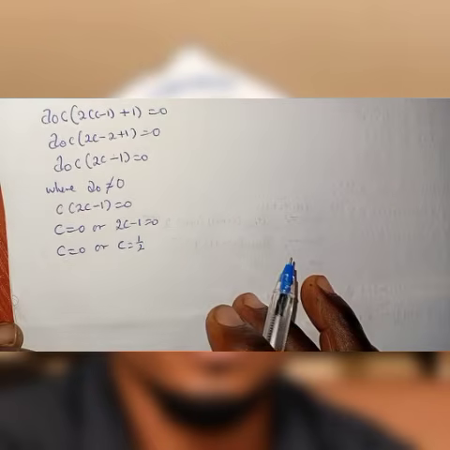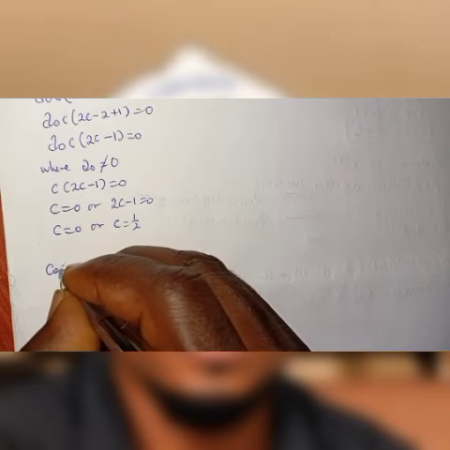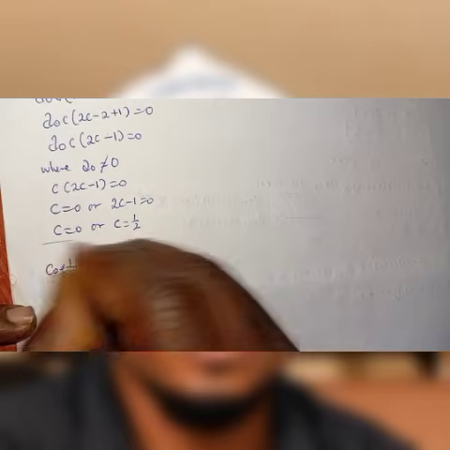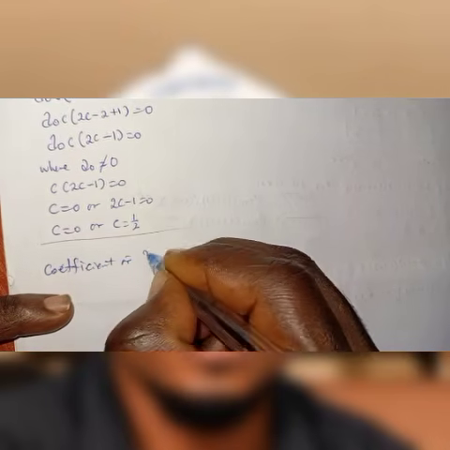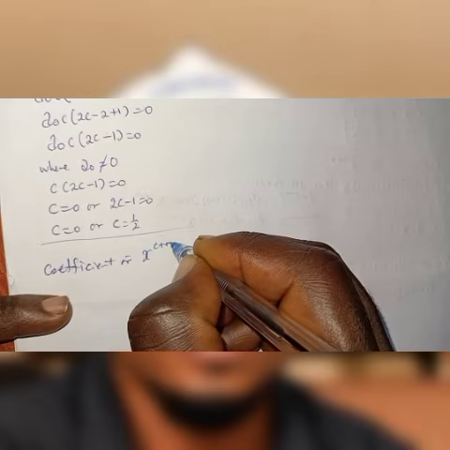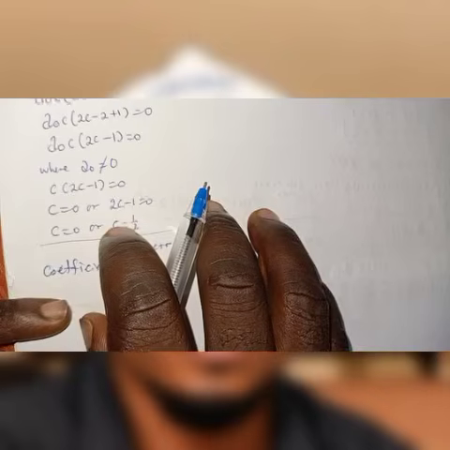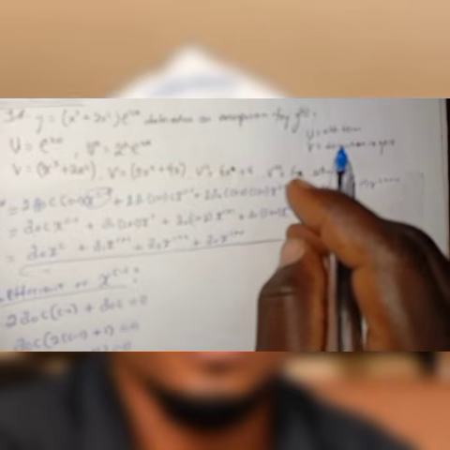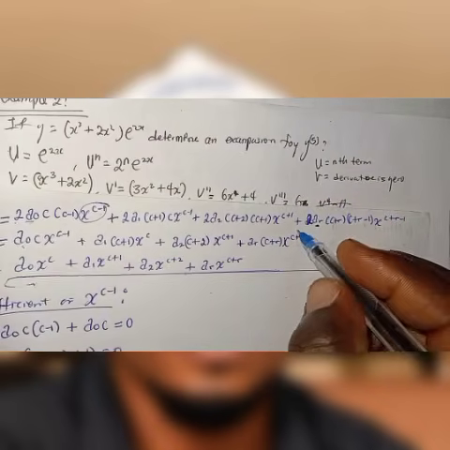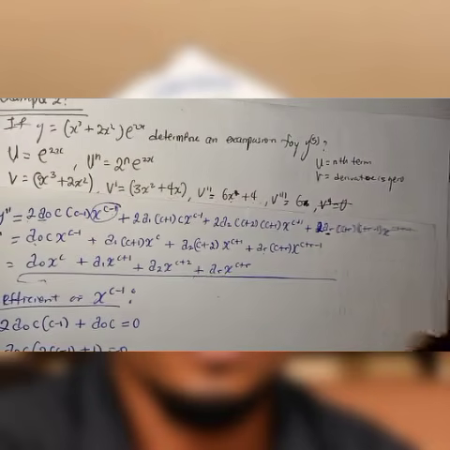Now for the second one, we go to the coefficient of x raised to c plus r. Now if we go back, we're going to see that we have this from this last part. Now from here we have these things, so we're going to write them out.